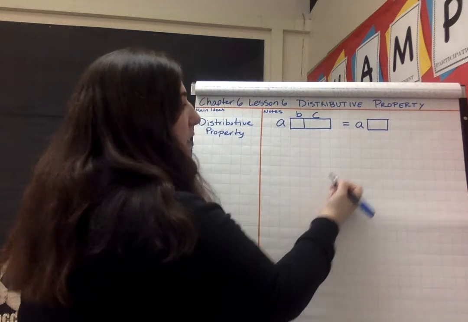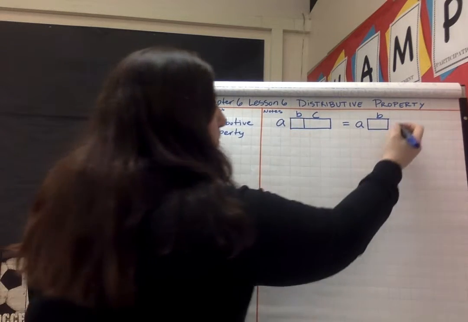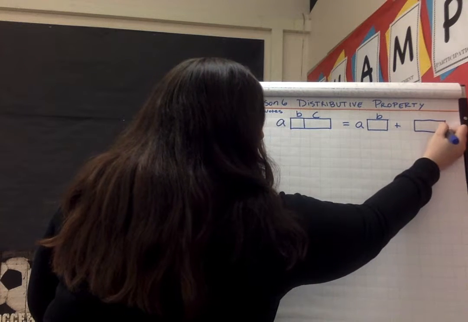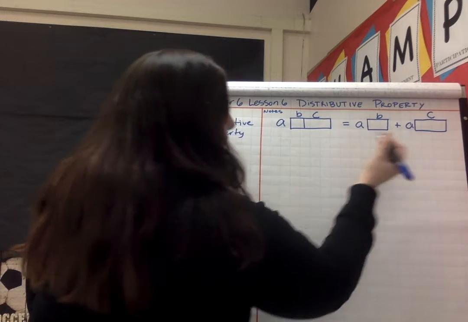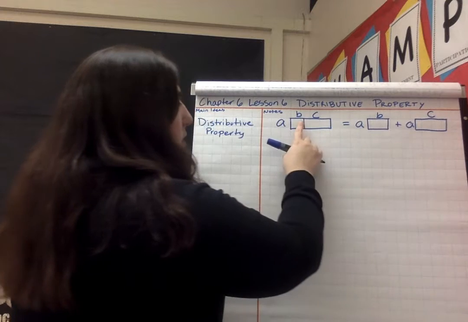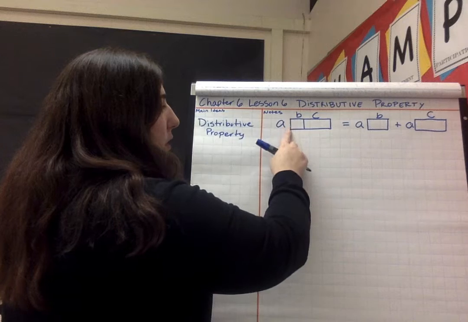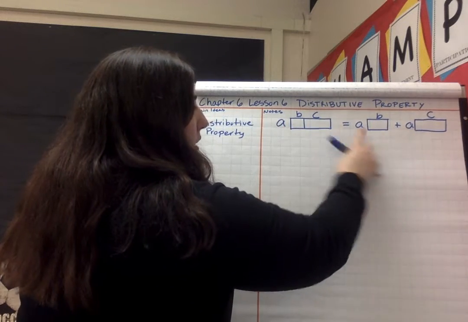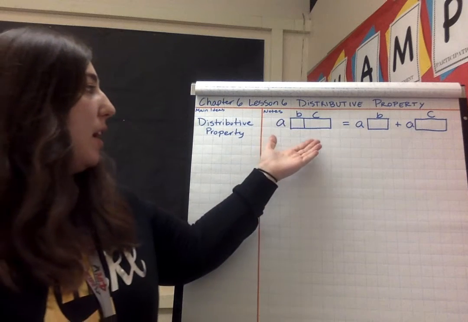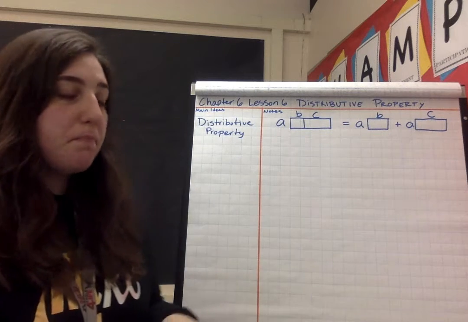And again, this side length is A, this side length is B, similar to this rectangle here, plus this side length here and this side length here, so A and C. Okay, so I just separated this one rectangle into 2 rectangles. So the side lengths are the same for A, and then I have B and C as side lengths on the top. So we talked about how one rectangle is the same as the sum of 2 rectangles, okay?